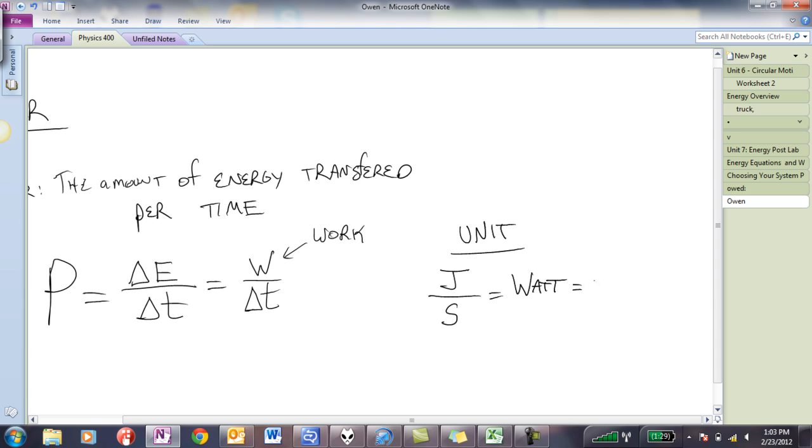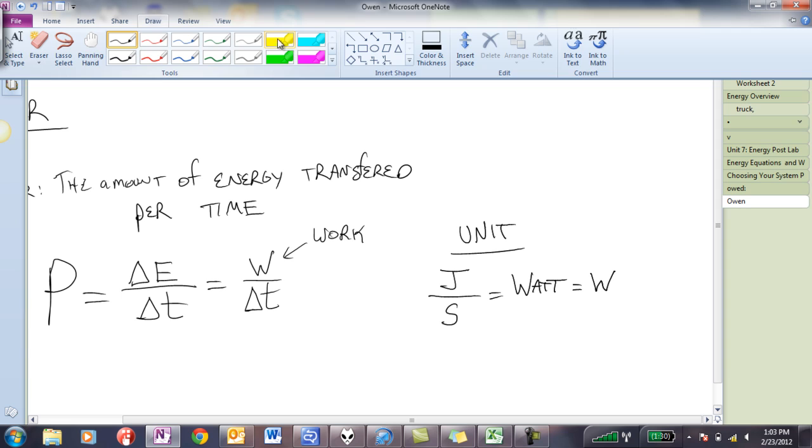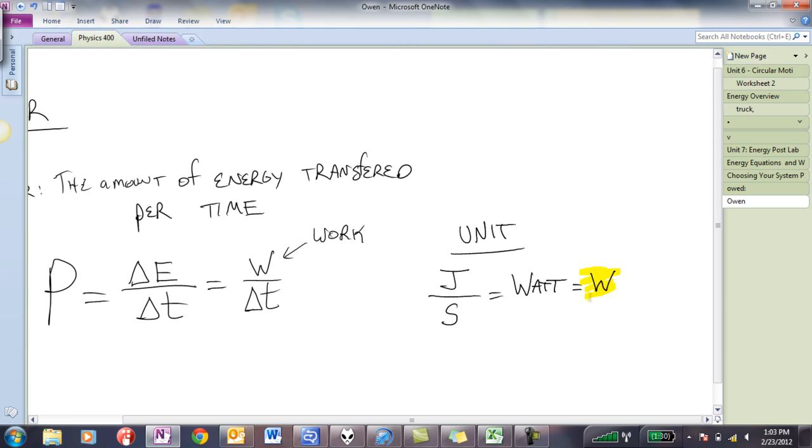And that is abbreviated a W, which now starts to get really confusing because you'll notice right away when you look at this, you see a W here and you see a W there. Those are two different W's. They stand for two different things, right? One is a watt, one is work. So just because you see a W, you need to make sure you understand the context. One is a unit, one is a variable.